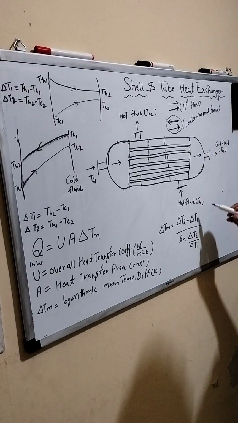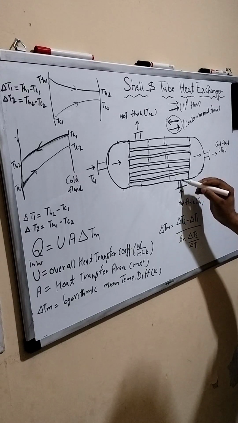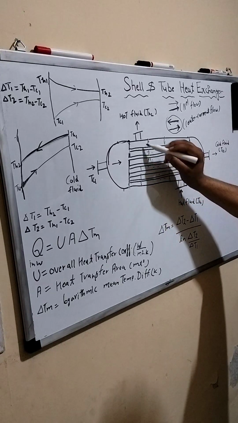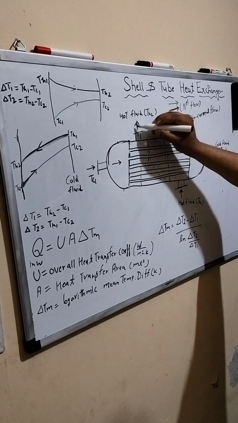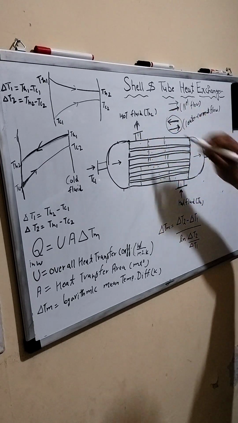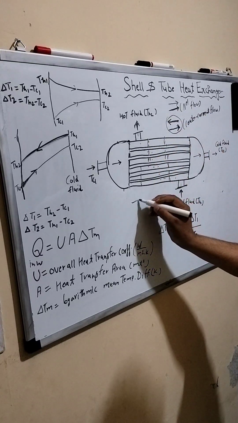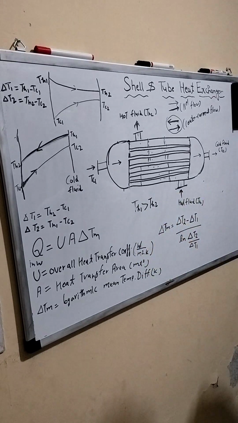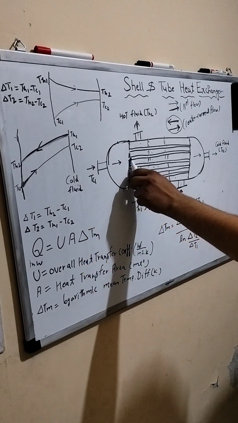Suppose your hot fluid enters the shell from one side and, by moving through the shell, comes out from the other end at temperature TH2. Always remember, TH1 will always be greater than TH2. Why? Because here the cold fluid will enter the tube.